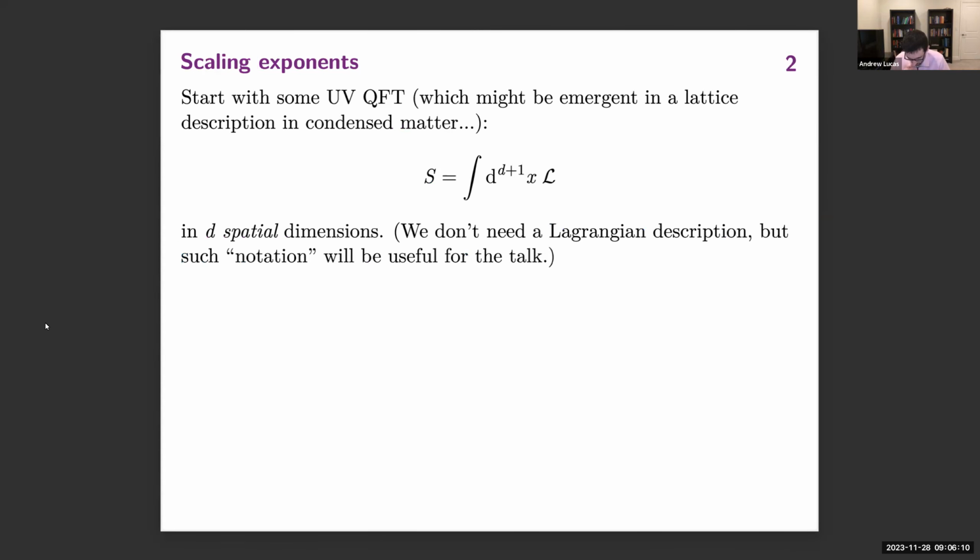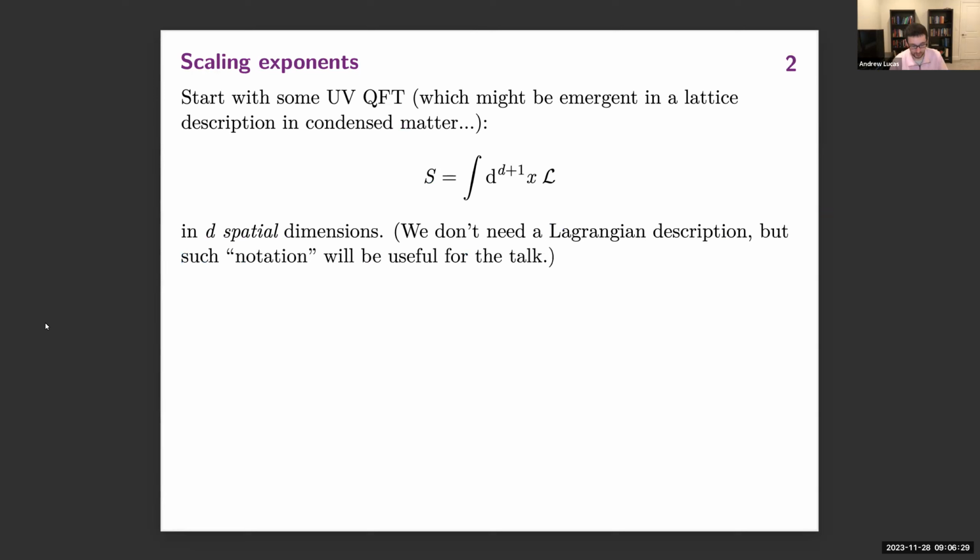So to say a few more words about the setup of the problem. The goal is to start with some quantum field theory in the UV. From a condensed matter physicist's perspective, this is already some emergent phenomenon.